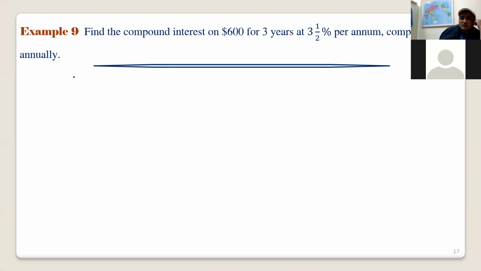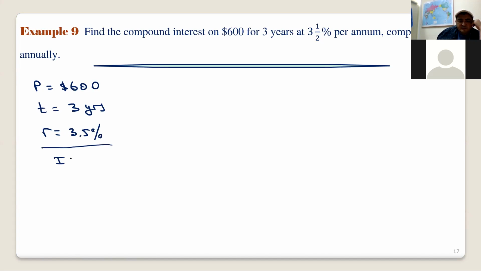So what is given here? Principal is given, that is $600. The time is 3 years. And the rate is 3.5%. We need to find the compound interest, I. And what is compound interest?